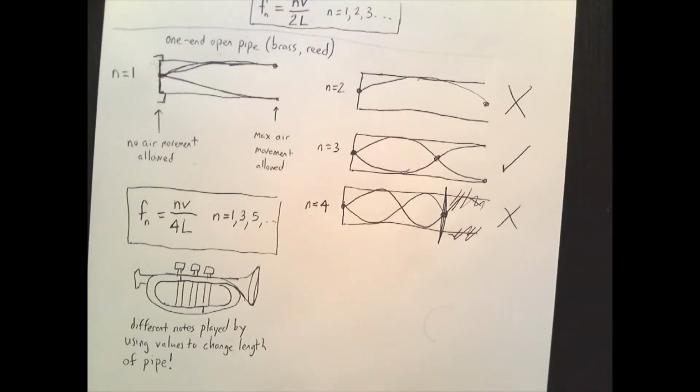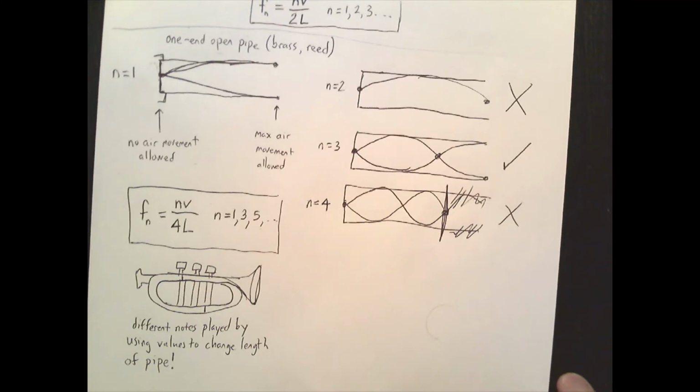So that does it for our discussion of standing waves. We're going to continue talking today with a completely, well, not a completely different topic, but a different enough topic. We're going to look at now the Doppler effect.